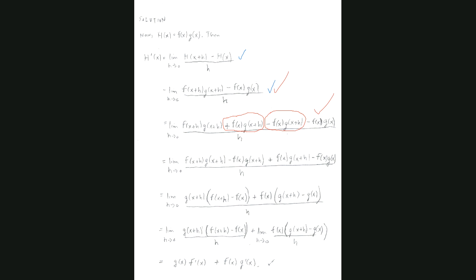But there are advantages to putting in that term, because I'm going to regroup the numerator. I'm going to bring over the minus f of x times g of x plus h term, and then the f of x times g of x plus h term, I'm going to bring that over here.